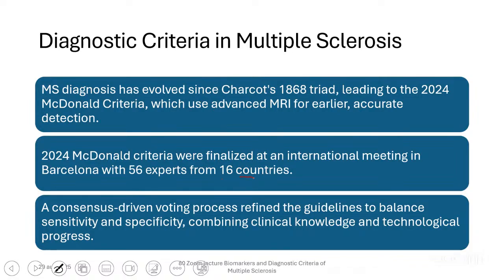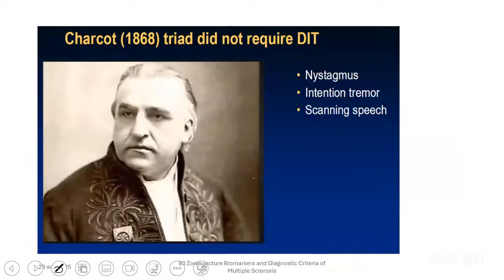A consensus-driven voting process refined the guidelines to balance sensitivity and specificity, combining clinical knowledge and technological progress, which we are going to look at in the end. The last slides will be on the 2024 McDonald criteria.